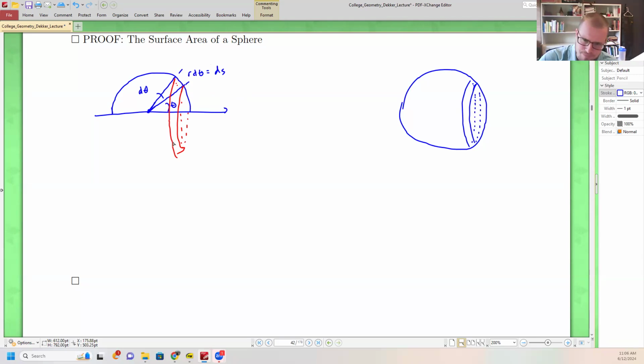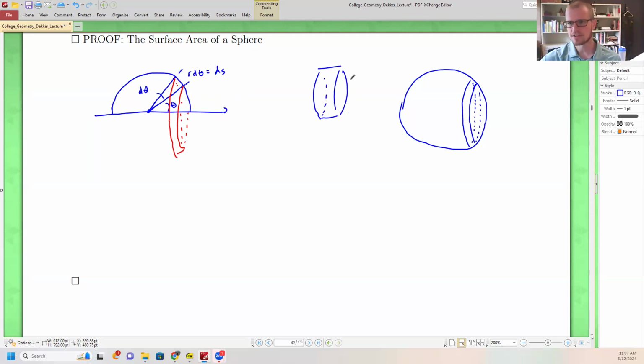All right, so we have the width of the strip. If we were to calculate the surface area, this one is solid and that one is dashed. There we go.